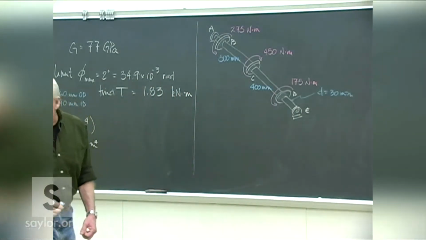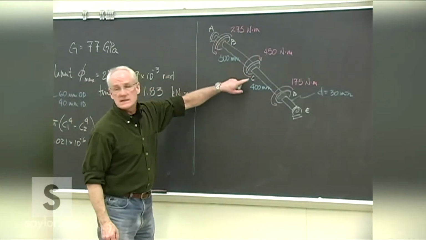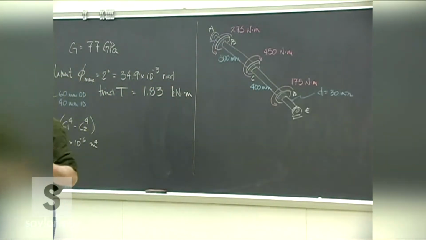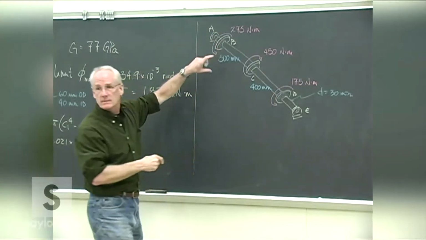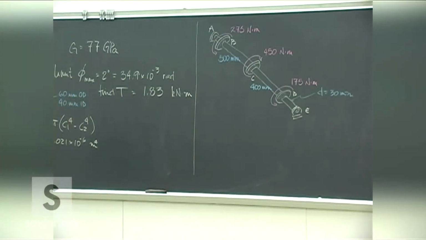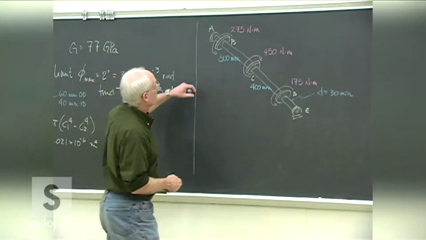Now the obvious extra complication we didn't have before is between B and C, there's going to be a bit of angular deflection, deformation, and between C and D there is as well. And I want to find the maximum deflection and the total deflection. They may be different, most likely they are.